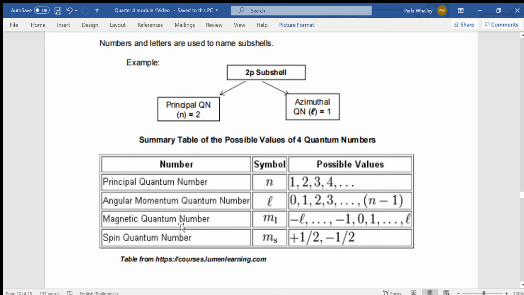Magnetic quantum number M sub L will just follow the L, so it would be minus L on the left side and plus L on the right side. Spin quantum number would be either plus 1/2 or minus 1/2.